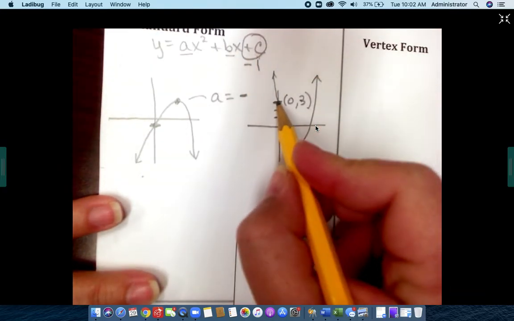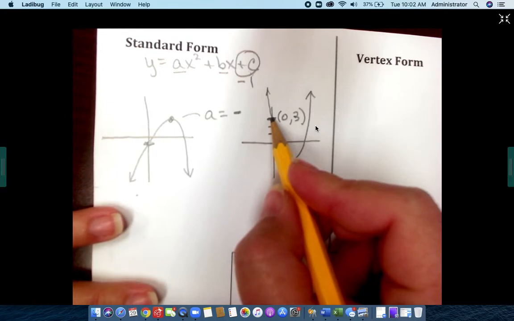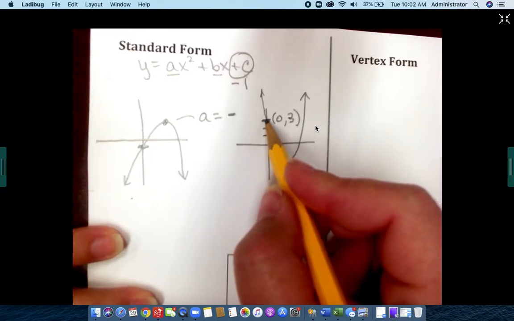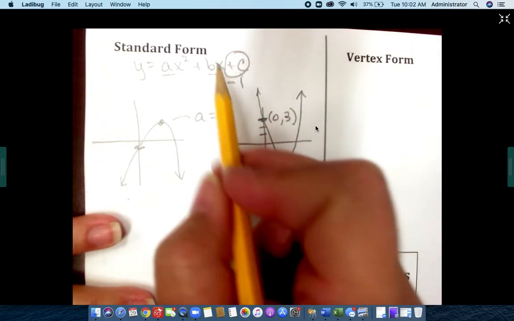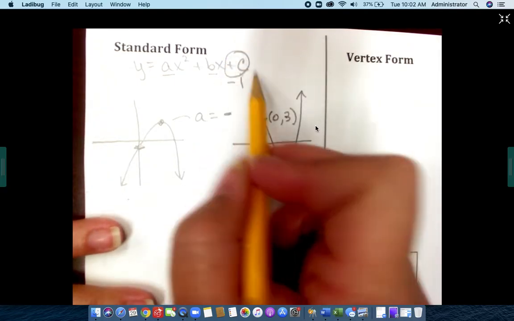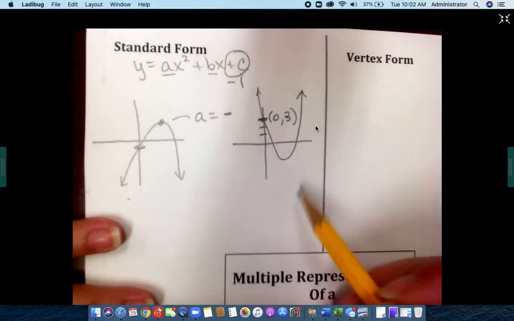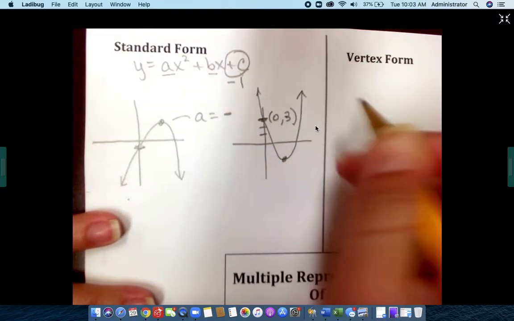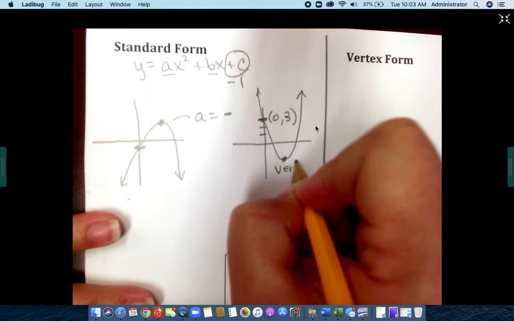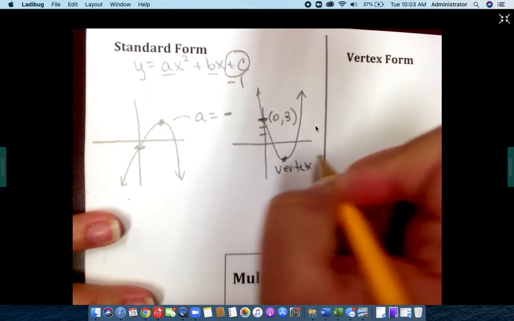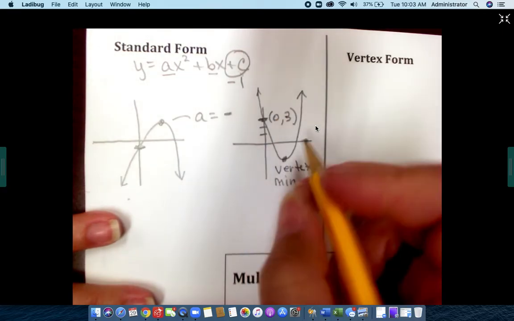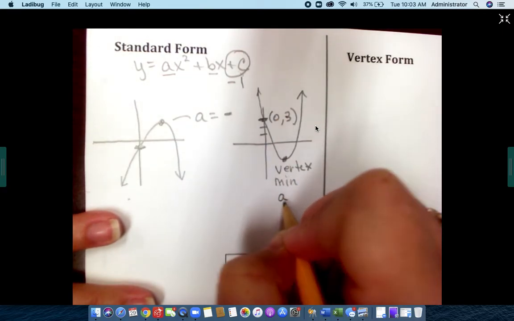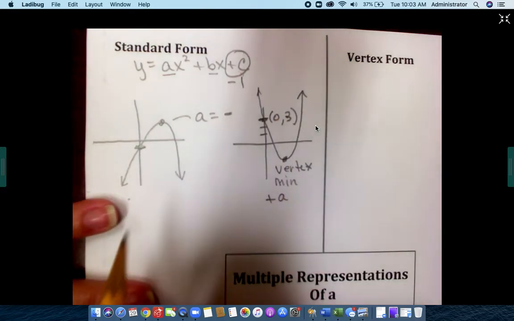So when you do your Delta Math assignment, if for some reason you can't see the point where the graph hits the y-axis, what do you need to look at? The function. You need to see what that number at the end of the function is. That's going to be your constant term. Again, if this vertex here is at the bottom, it is called a min, and that tells us that our a value is positive. We have a positive a.